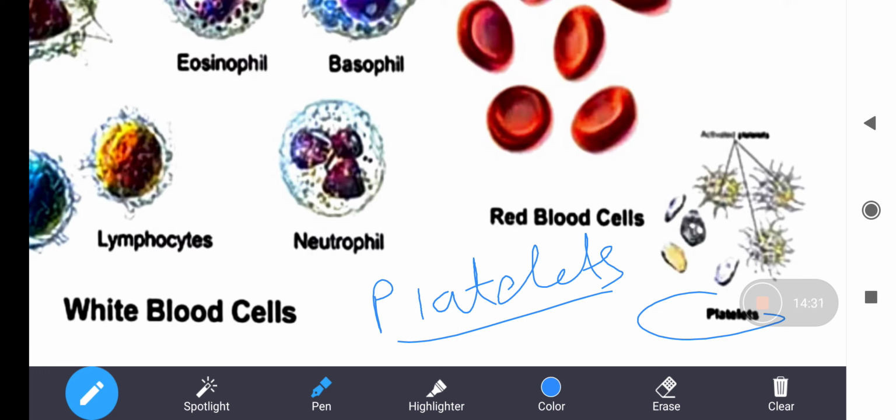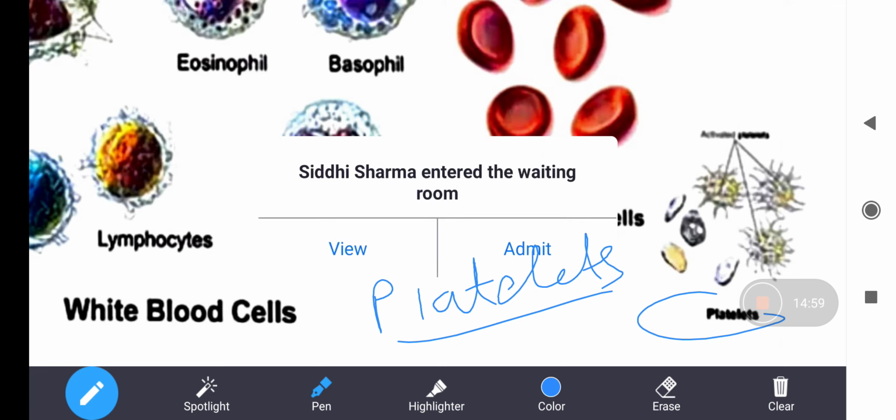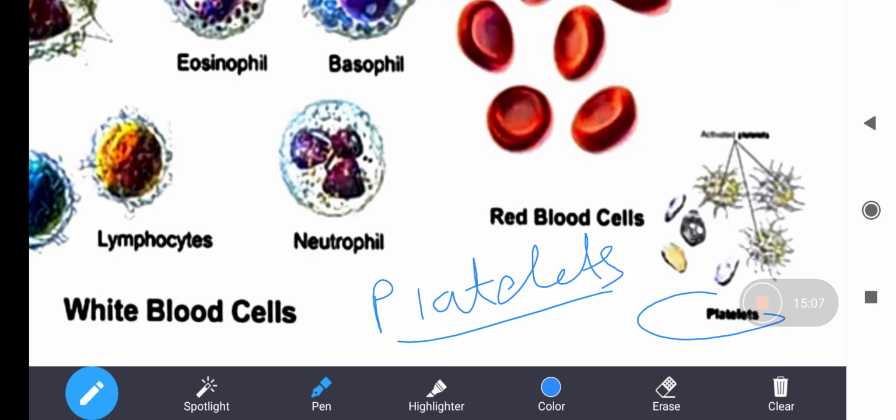They collect in the capillaries at the side of a wound and act to block the flow of blood by forming clots. अगर आपको कहीं चोट लग जाती है ना, तो आप देखोगे कि जैसे ही जहाँ कट लगा है थोड़ी देर बाद उस कट के ऊपर आपको कुछ ब्राउन कलर की डिपॉजिट दिखेगी और आपका ब्लड जो है वो बहना बंद हो जाएगा. What is this? This is the clot that is made by platelets. So platelets help in clotting of blood.